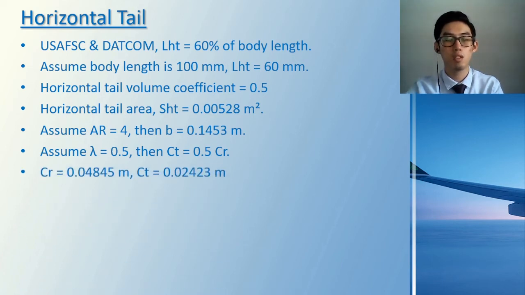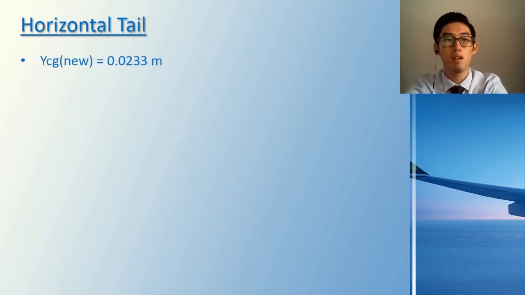From the horizontal tail area, I can get CR equal to 0.04845 meter, CT equal to 0.02423 meter. After adding horizontal tail, the new CG point is 0.0233 meter.